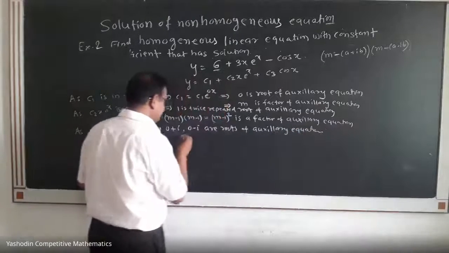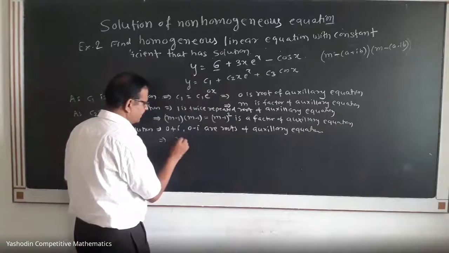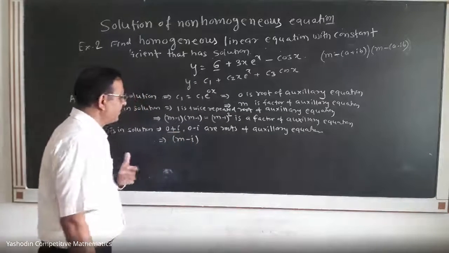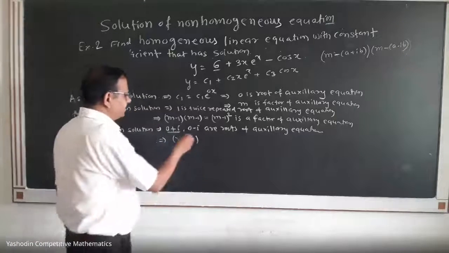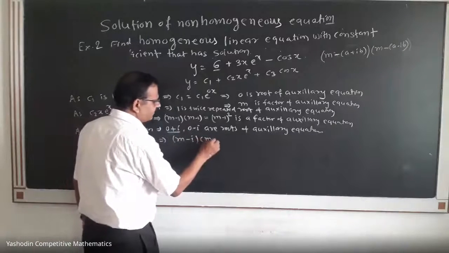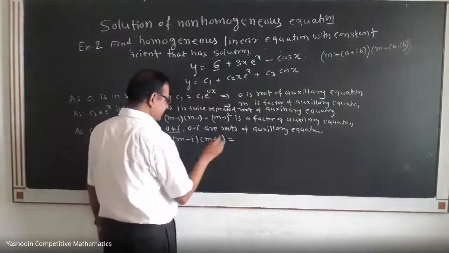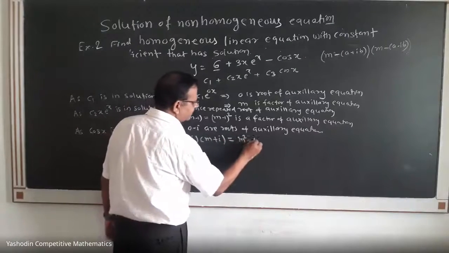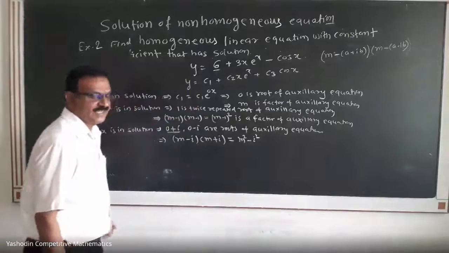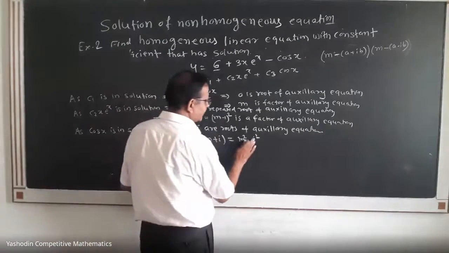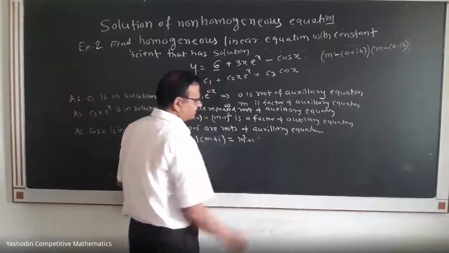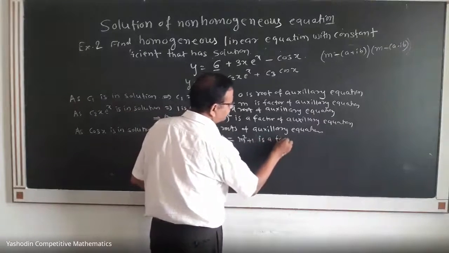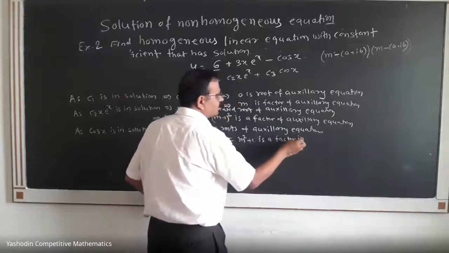And this implies that from 0 plus i, the factor is m minus i, and from 0 minus i, the factor is m plus i. That is nothing but m square minus i square, and m square minus i square is nothing but m square plus 1.